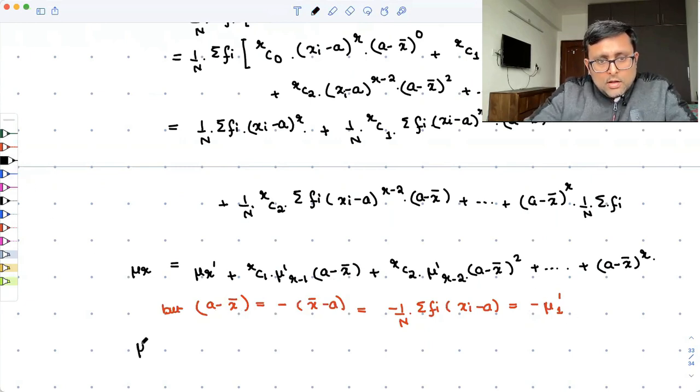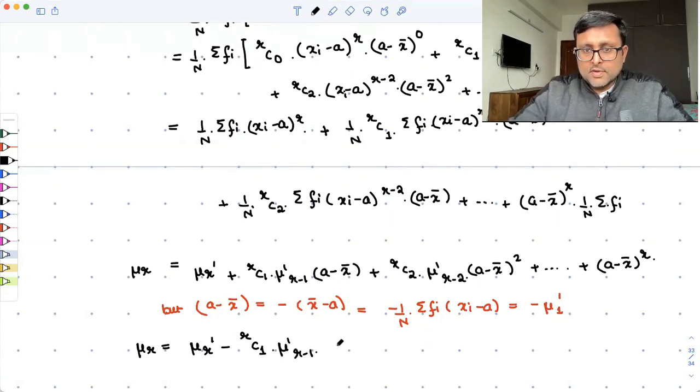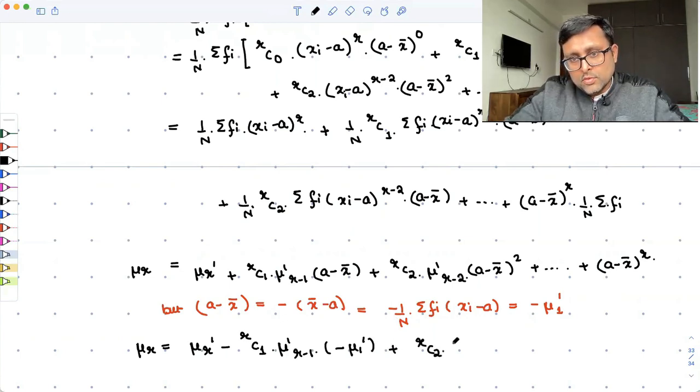So mu r is mu r dash minus RC1 mu dash r minus 1 into minus mu 1 dash plus RC2 mu dash r minus 2 into minus mu 1 dash square, and so on.